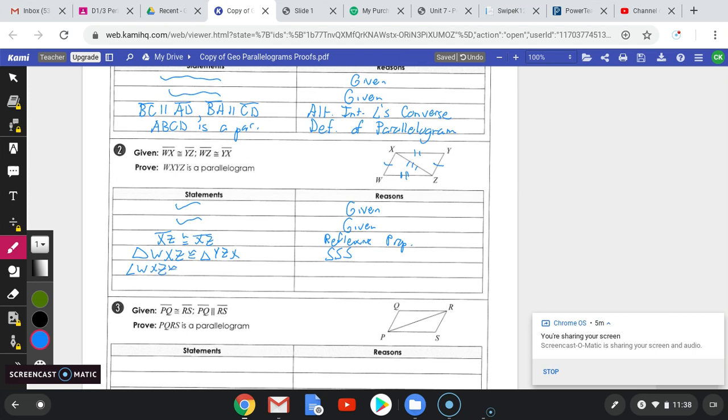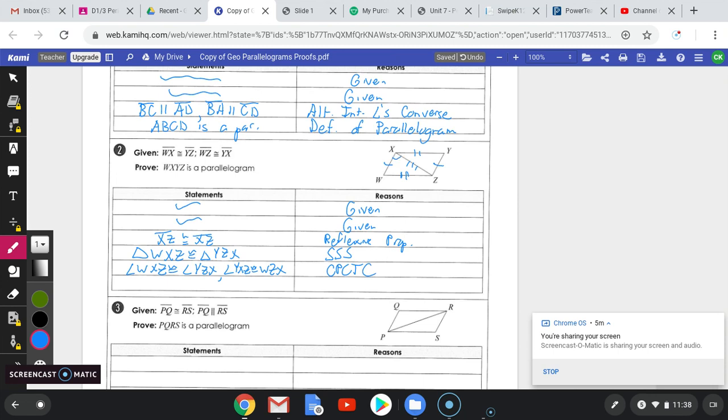So now, since we've proven that the two triangles are congruent, we can now say that angle WXZ is congruent to angle YZX, and we can say that angle YXZ is congruent to angle WZX because of CPCTC.